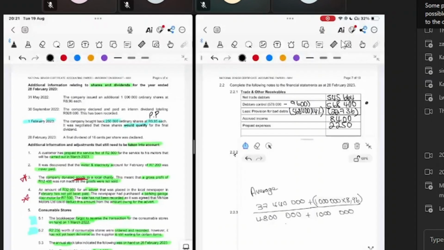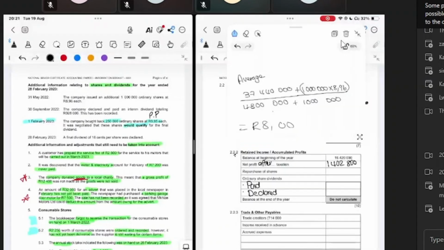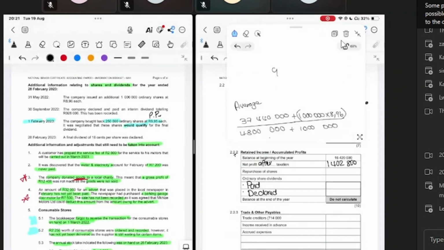And so remember, we're looking for the amount we're going to be putting in our repurchase under retained income. That's the purchase price minus the average share price. So that will be 9 rand 95 minus 8 rand, which will give us 1 rand 95.